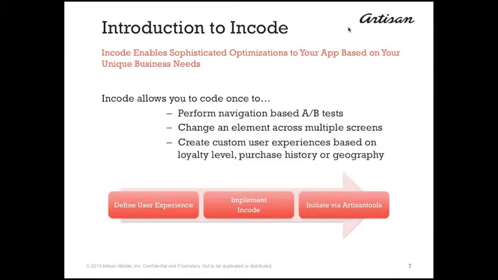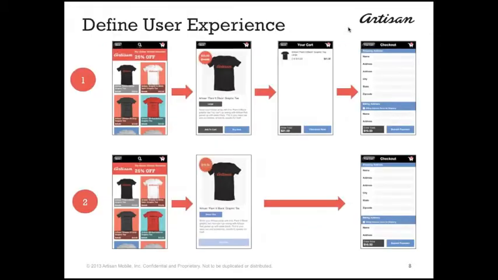So at the end of the process, a non-technical user, maybe a product manager or a marketing manager, is able to execute these programs within your app without having to write the code themselves. So it's a code once and use many times type approach. An example of defining a user experience could be skipping a screen. In this case, what we're going to do is skip the cart screen.